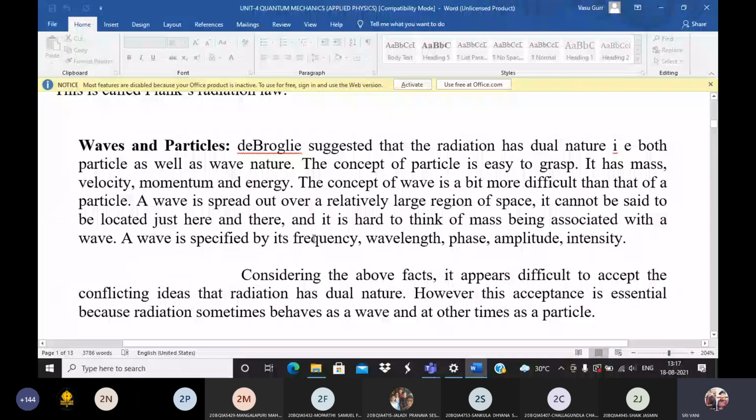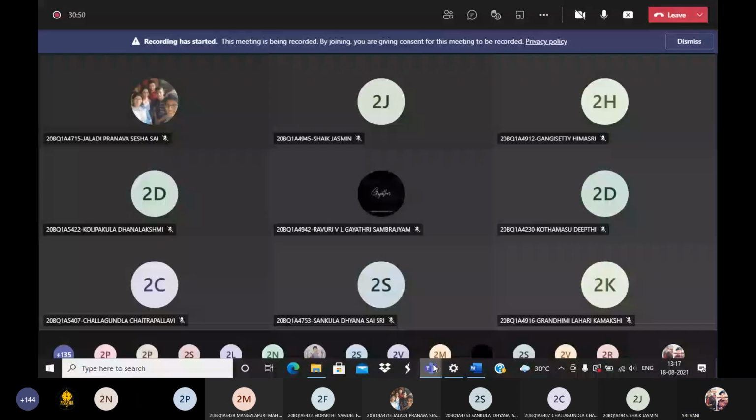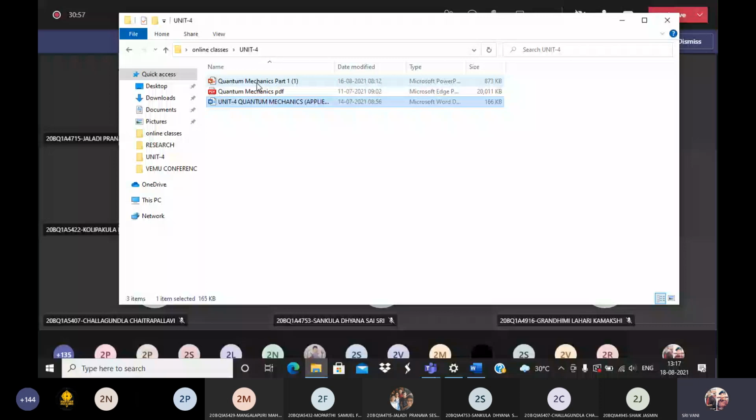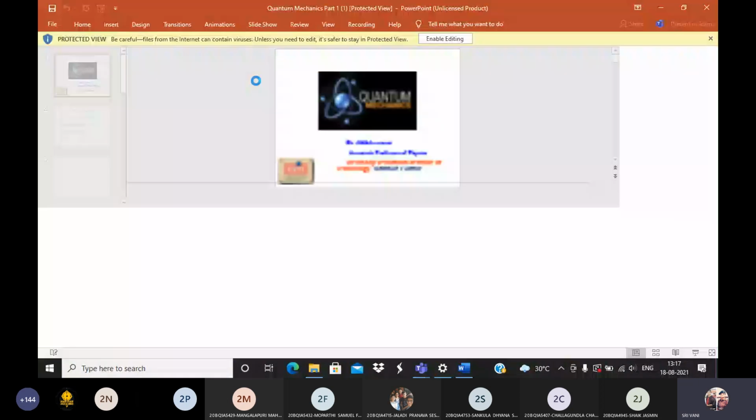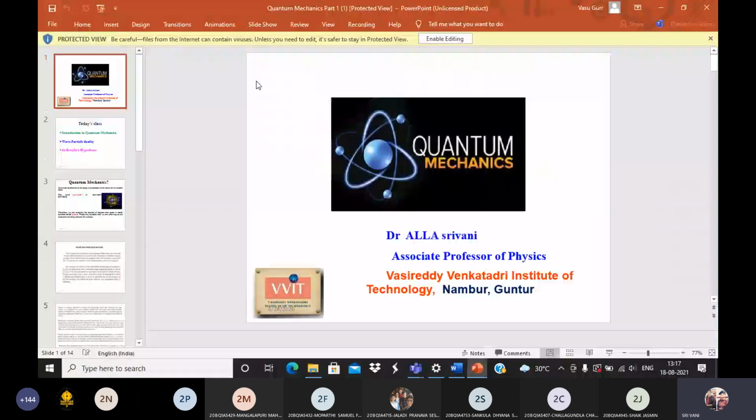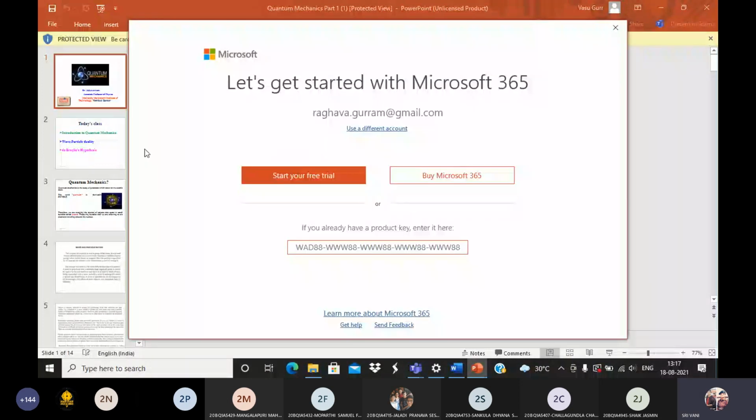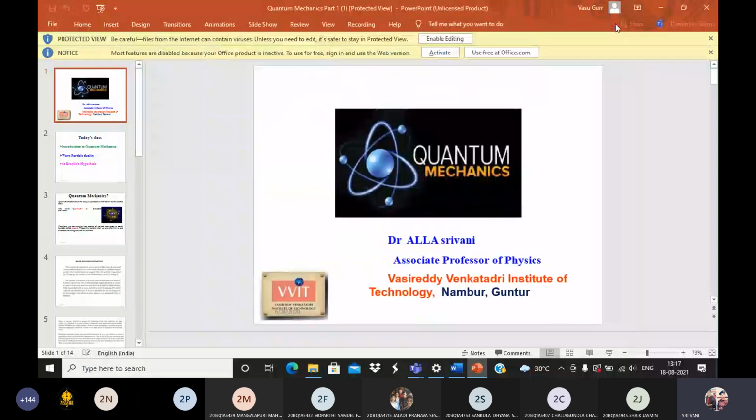Yesterday I said that we have to do problems. We will continue with those model problems and then start the experiments. In this regard, we have experiments also. Planck's quantum theory successfully explained the quantum mechanics part.